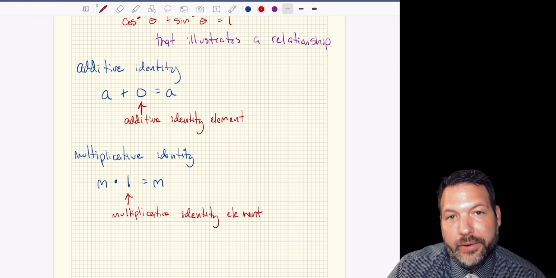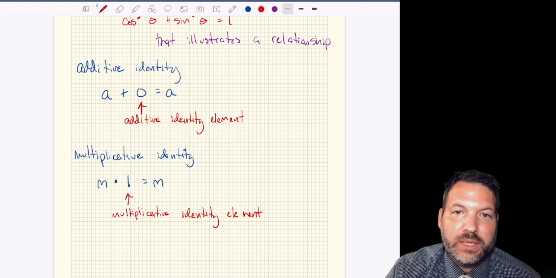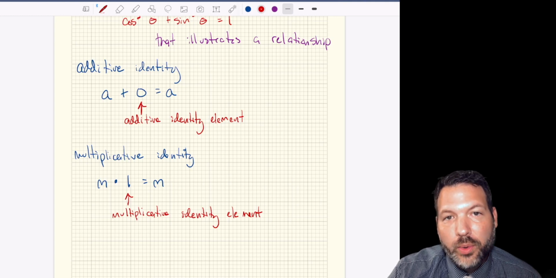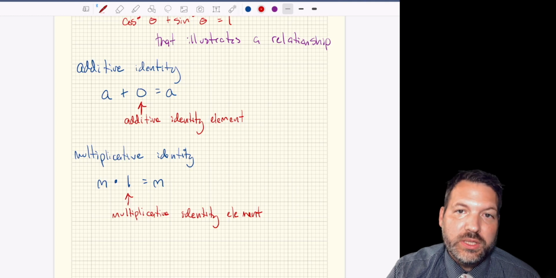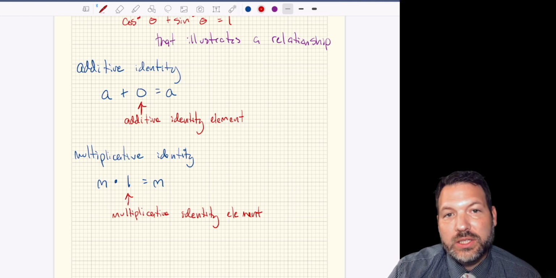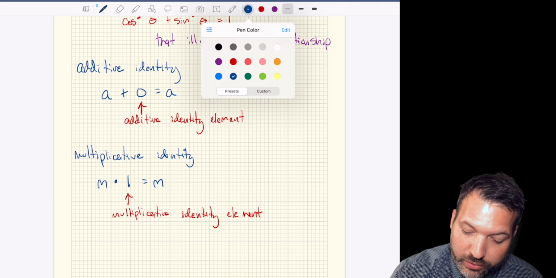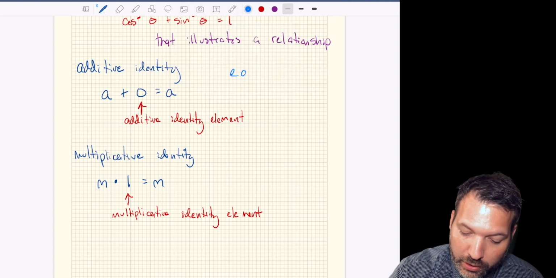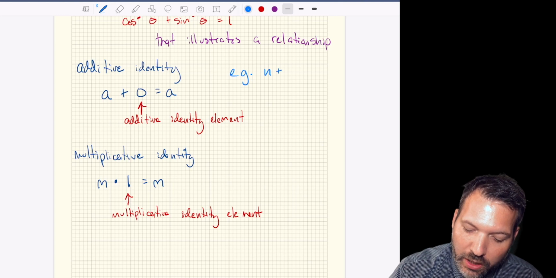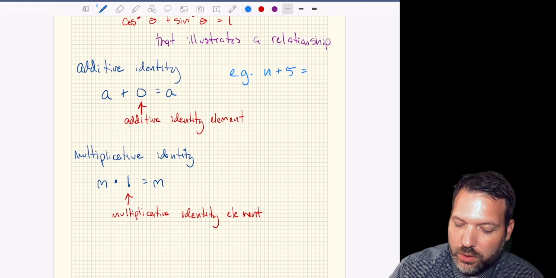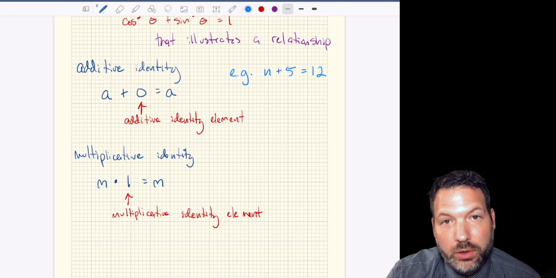So why does this matter? Well, in the first place, we end up in lots of scenarios where it's useful, when we're solving algebraic equations, to use zeros and ones. It lets us solve things we couldn't otherwise solve. For example, for addition, let's say you have n plus 5 equals 12, and you want to solve for n.